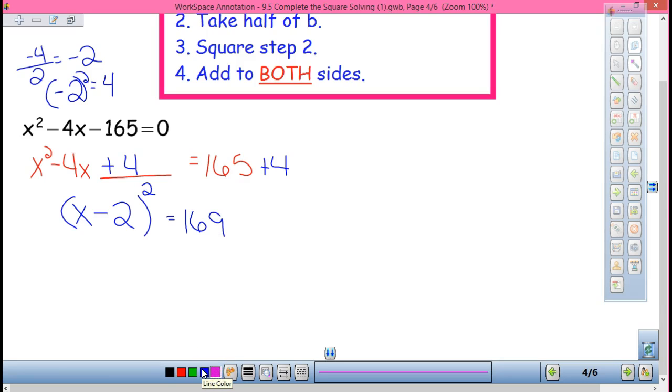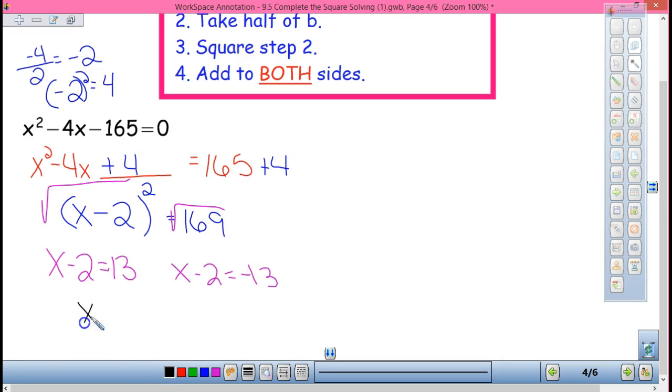Now what? Square root of both sides. X minus 2 equals 13. X minus 2 equals -13. Add 2. X equals 15. X equals negative what? 11.